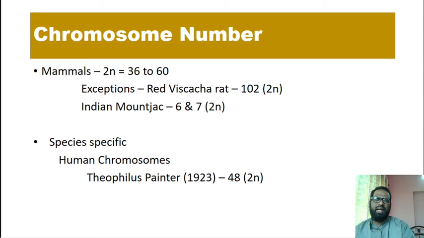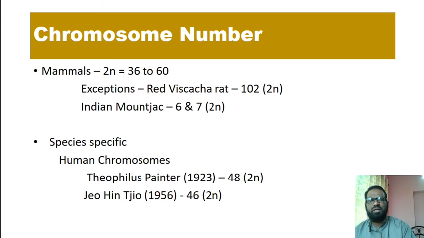I want to give a brief introduction to the human chromosome. The first studies on human chromosomes were done by Theophilus Painter in 1923, and he identified that the 2n number of chromosomes in humans is 48. It is actually a wrong number, and this information continued for about 33 years.